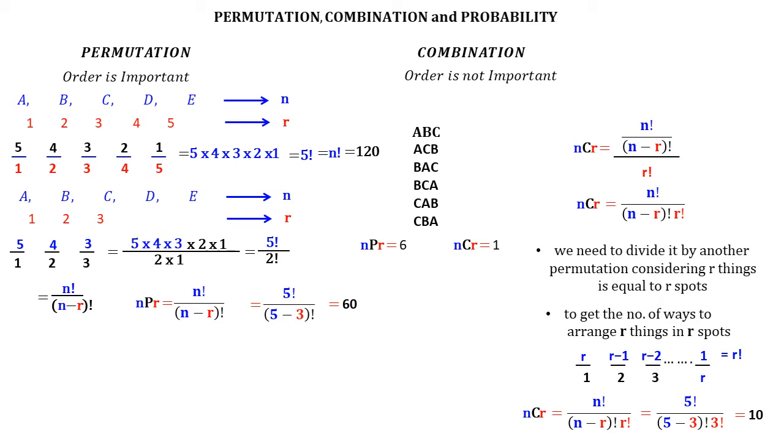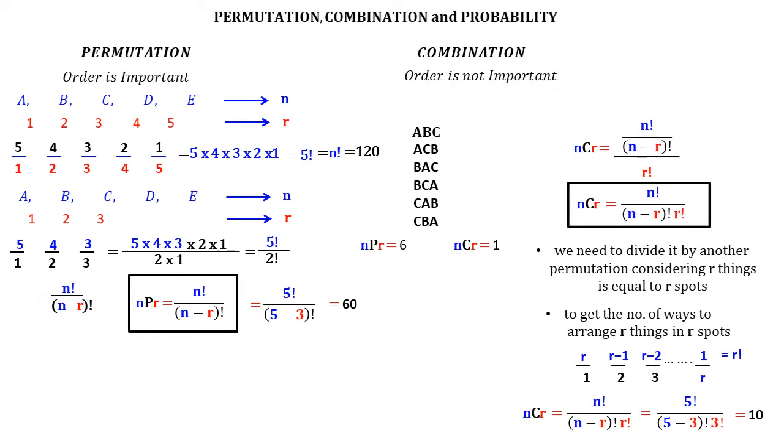So, kung ang permutation niya is 60, ang combination niyan is only 10, kasi nga, this is considered as 1. Now, we can say that the formula for permutation is n factorial over (n less r) factorial. And for combination, the formula is n factorial over (n less r) factorial times r factorial.